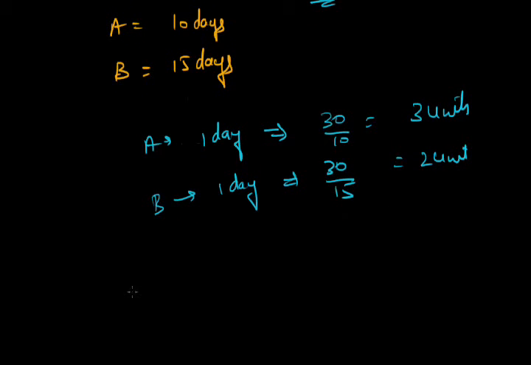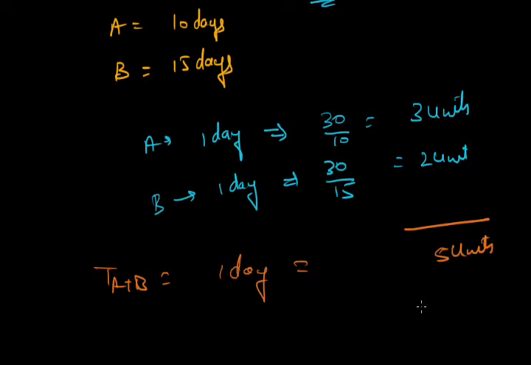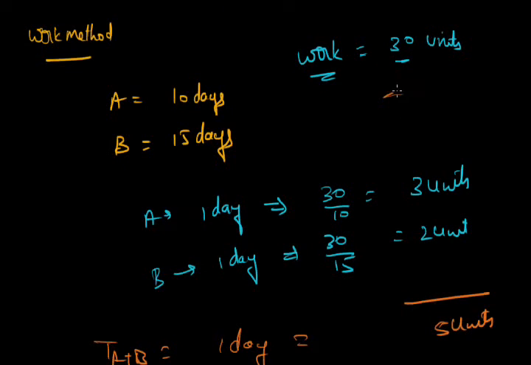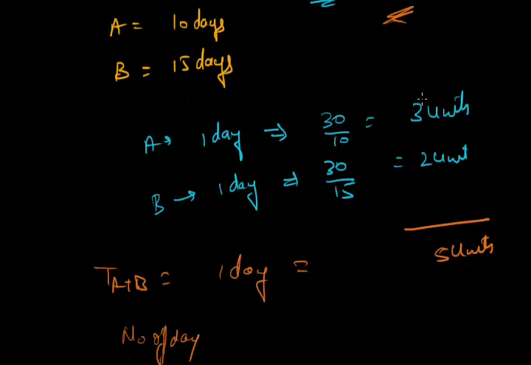Now combine A plus B. One day work would be 3 plus 2, that is 5 units. So A and B combined do 5 units in a day. The number of days required to finish the 30 units of work will be 30 upon 5, that is 6 days.